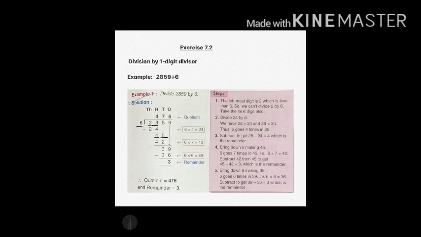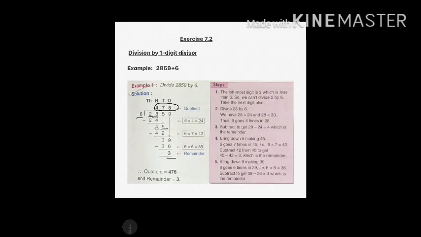Now check 39 in the table of 6. That is 6 6s are 36, because 6 7s are 42, which is a bigger number. So I will go with the smaller number 36. So I'll get the remainder 3, and the answer will be 476. So this way we can do division by a one digit divisor.